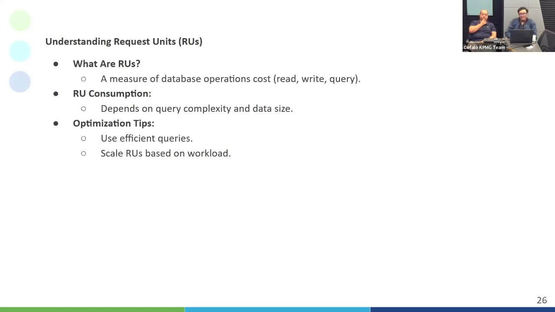The more complex the query grows, and the larger the data size, connection size, or hopping size, like when we have to hop a very deep portion, the RU consumption goes high. So when we write queries in graph, we have to consider the RU consumption very carefully.